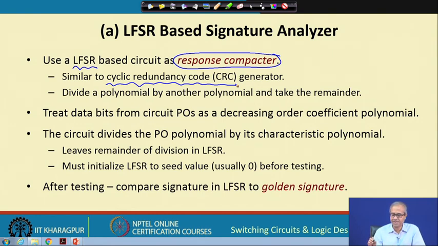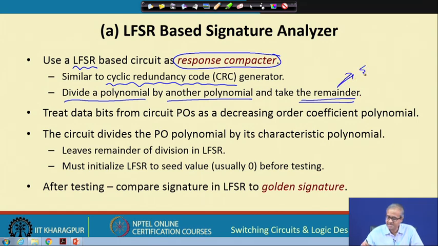The basic mathematical foundation is that we are dividing a polynomial by another polynomial and taking the remainder. This remainder is what we are calling the signature. Mathematically this is the basic concept, but how it is implemented, let us see.